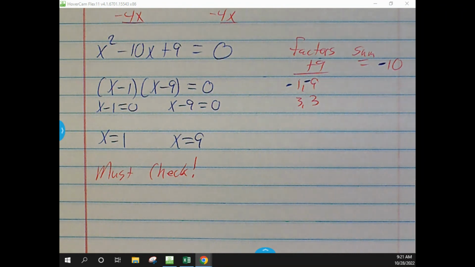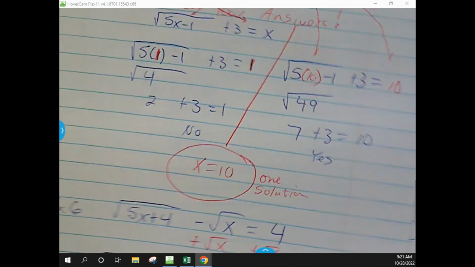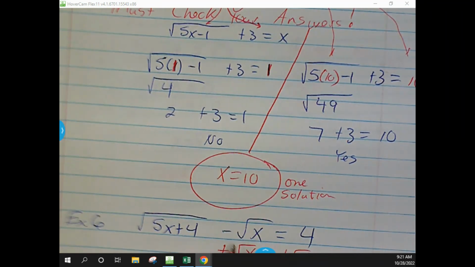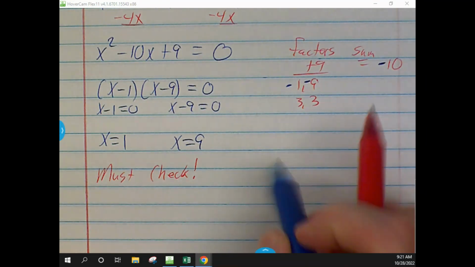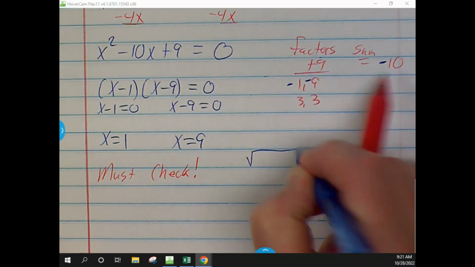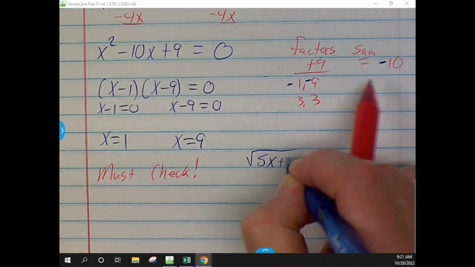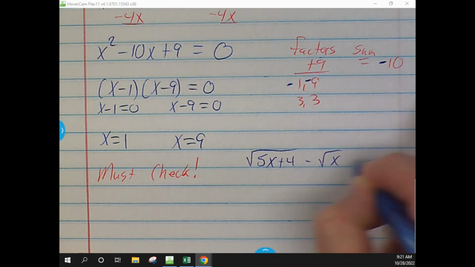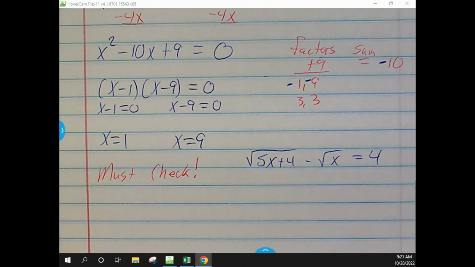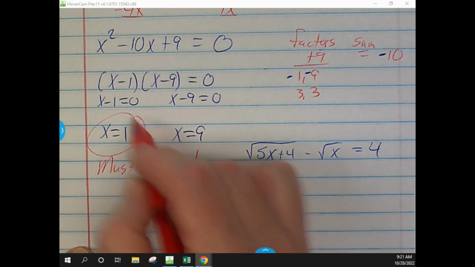Okay, so if we check back in the original equation, that was way back up here. We had square root of 5x plus 4 minus square root of x equals 4. So we're going to check the 1 and see what happens.